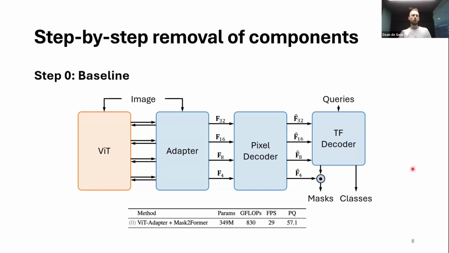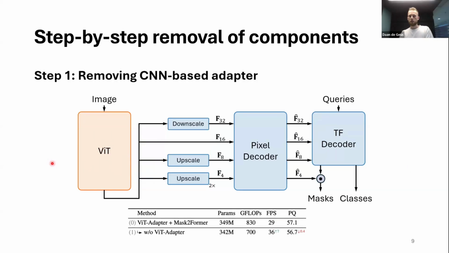So the first thing that we do is we get rid of this adapter here. As I mentioned, it consists of some convolutional layers, and it injects and extracts some features, and it's meant to introduce some additional inductive biases, which we think are no longer necessary if we scale this up. We do this, that's important to mention, in combination with a DINOv2 pre-trained vision transformer.